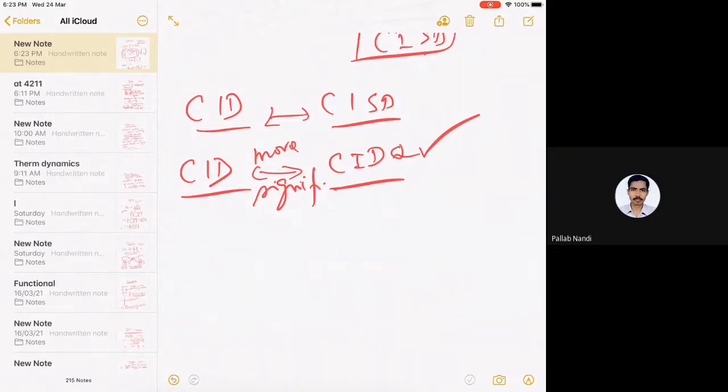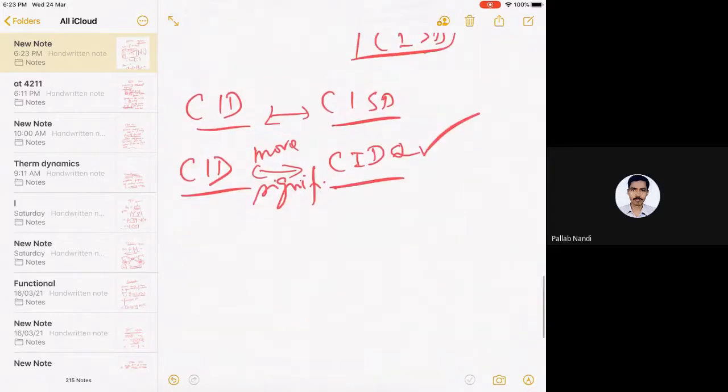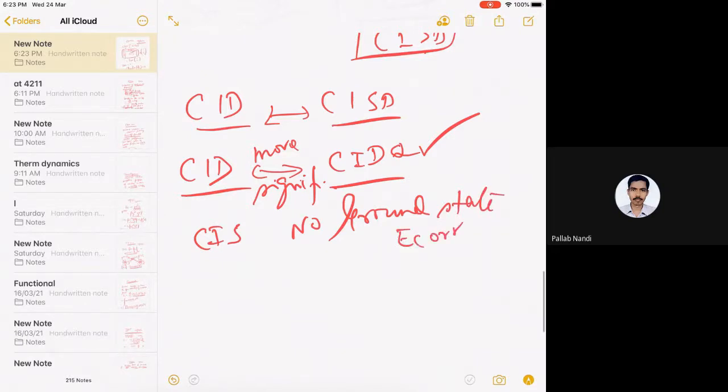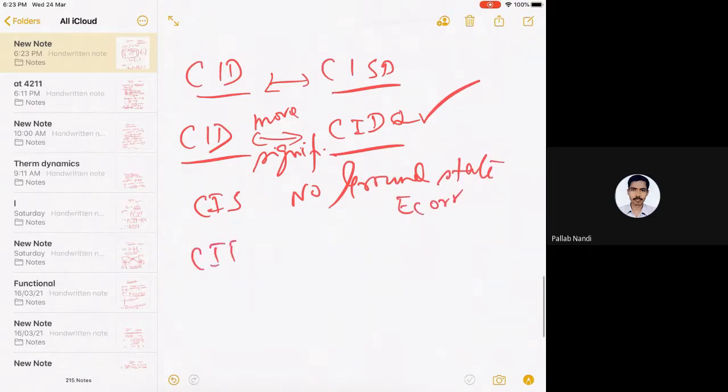Yes. Okay. All right. So I just wanted to tell you, CIS, no ground state correlation energy. No ground state. Of course, you can get other states, excited states. CI doubles is significant.